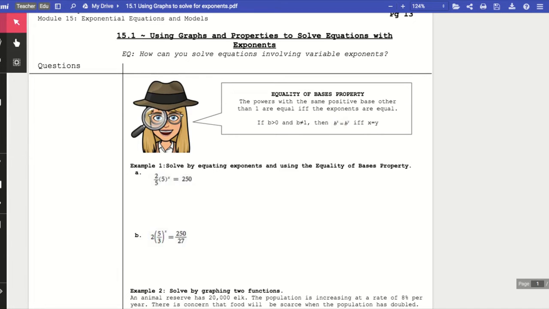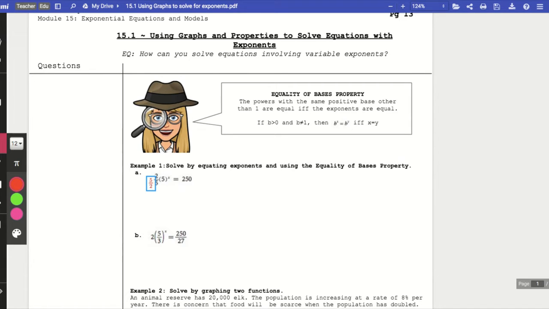To get the base by itself, I need to get rid of the 2/5. Remember, if I want to get rid of the 2/5, I have to multiply by the reciprocal, which is 5/2. So I am multiplying by 5/2, and I have to do that to both sides.